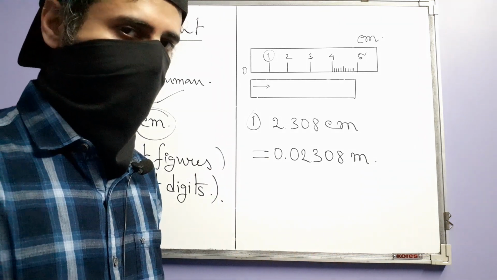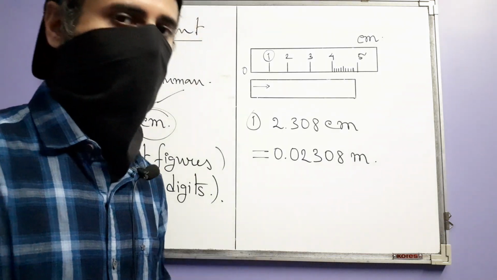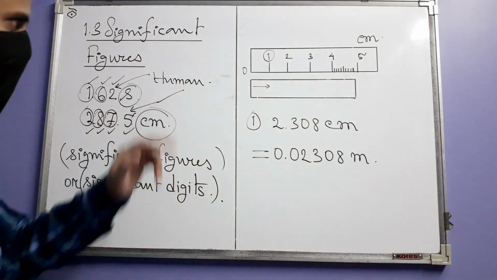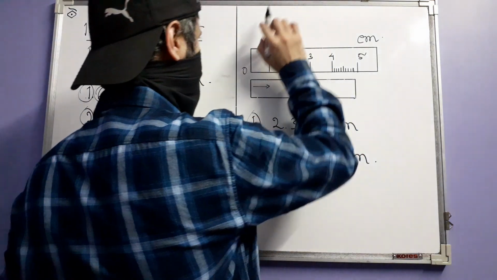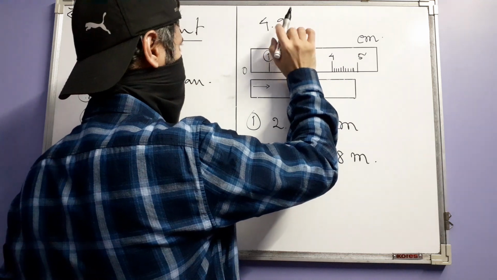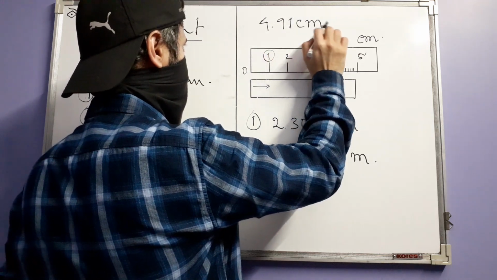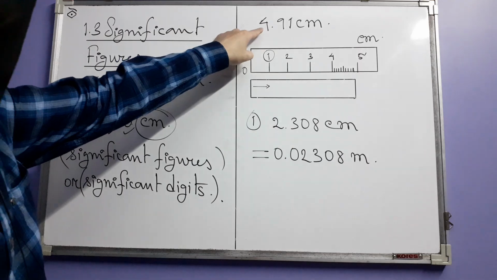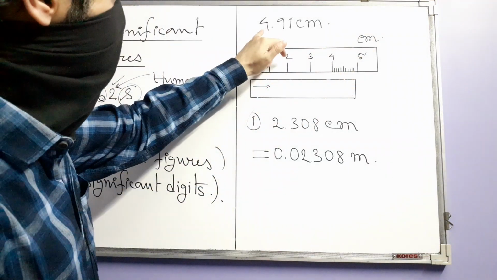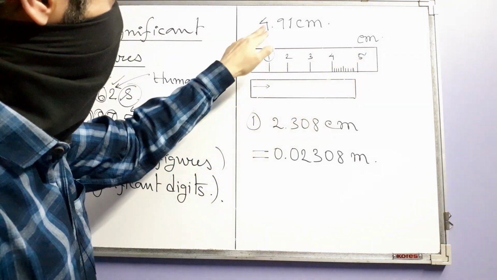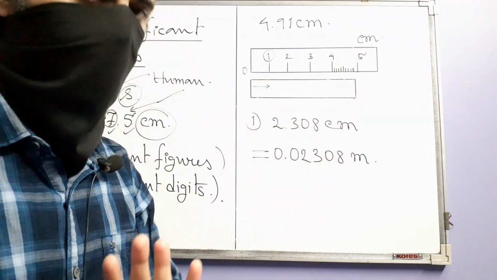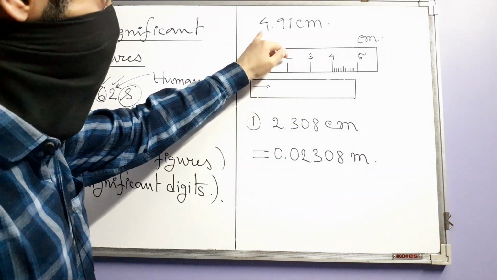Well, you may say, okay, so what's the problem? There is a problem. Did you see that measurement? I wrapped it up. What does this actually tell you about this device? It tells you that your device can measure any integer centimeter length accurately. So it has given you 4.